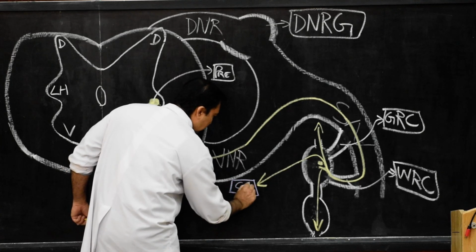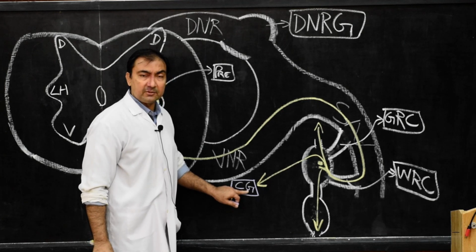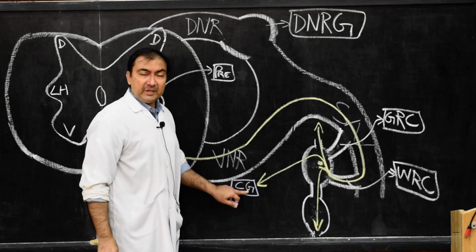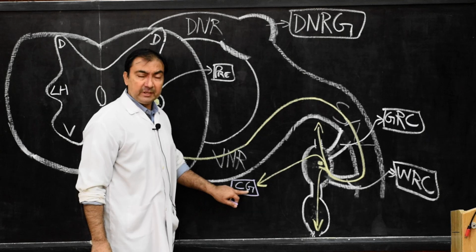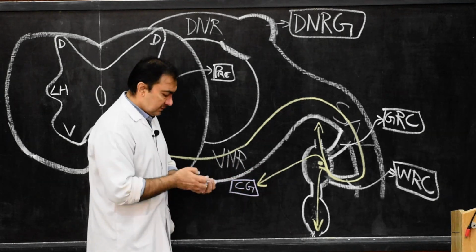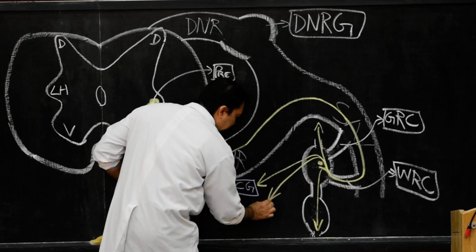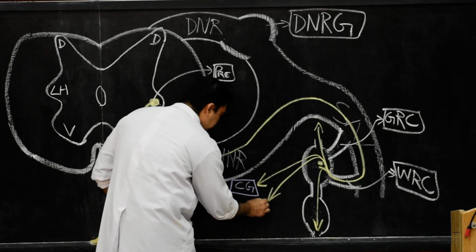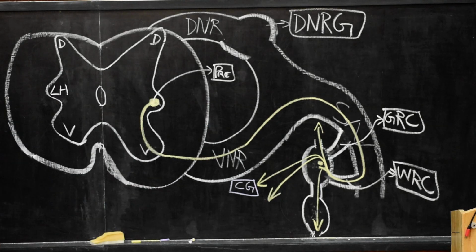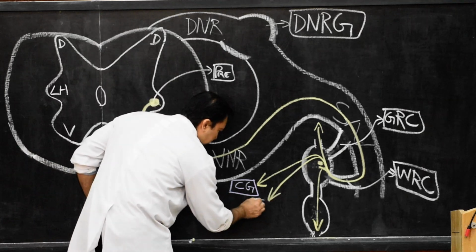I will write here collateral ganglia, and we know collateral ganglia are present as clusters around the aorta. They are known as the celiac plexus, superior mesenteric, inferior mesenteric, aortic-renal and superior hypogastric plexus. So they may relay in the celiac ganglia, or through medial branches they may also relay into the terminal ganglia.